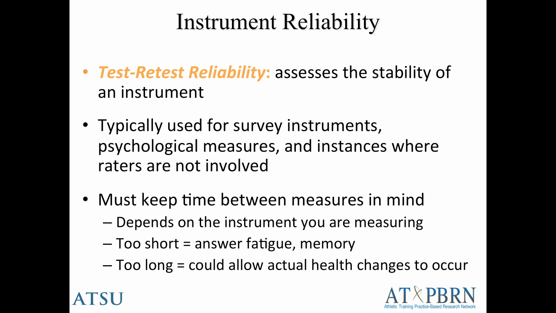On the other hand, if the time between administering 2 tests is too long, natural changes might actually occur. For example, if we were assessing the reproducibility of a health-related quality of life instrument, if we waited too long between the 2 testing sessions, it is possible that the individual's health-related quality of life may naturally have changed. Therefore, their answers may have changed, and we would not be able to determine the reproducibility of the instrument itself.